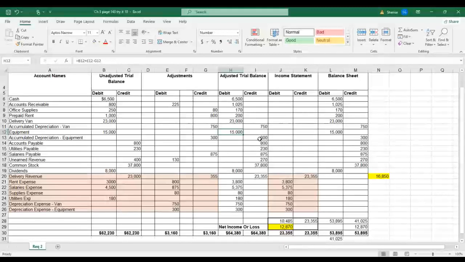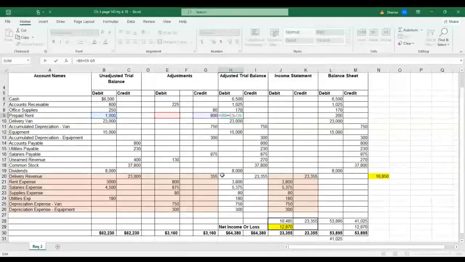So if you're looking at this and you don't know how in the world I came up with $200 for prepaid rent, you can click on it and it will show you. If you double click, it highlights all the columns that I'm looking at. This is a debit on prepaid rent. If it was a debit amount, we would add it, and if it's a credit amount, we're subtracting it.